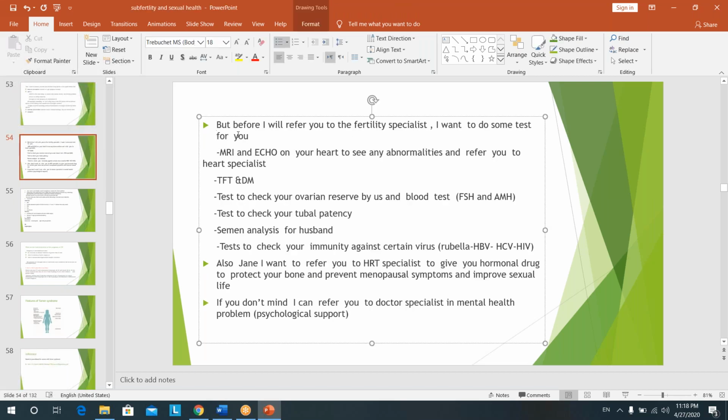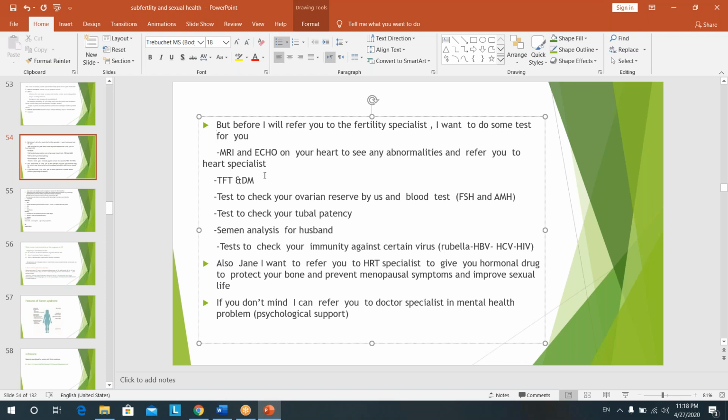Okay, but before I refer you to the fertility specialist, I want to do some tests for you. I want to check your health. Before she goes to the fertility doctor, you have to check her general health because she has Turner syndrome, and you know what Turner syndrome can do to her heart. So I want to do an MRI and echo of your heart to see any abnormalities and refer you to the heart specialist.